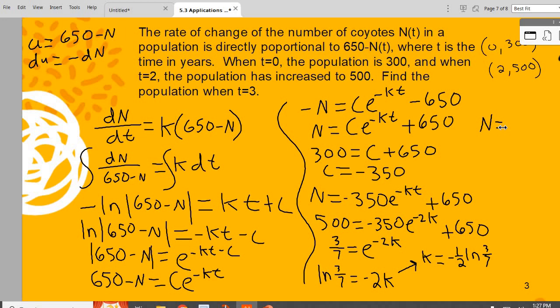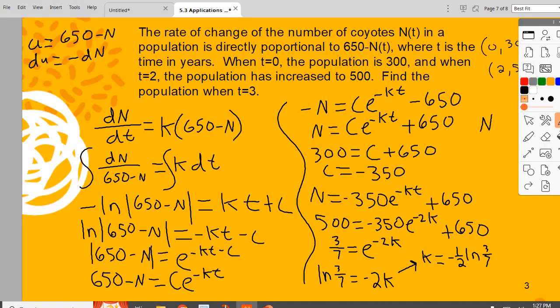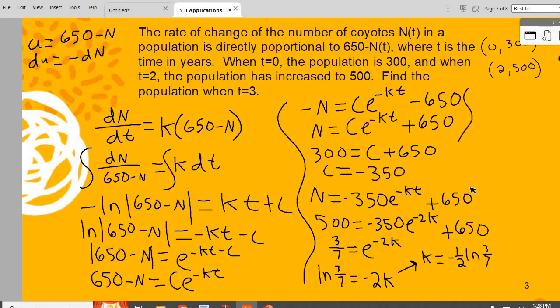So we get n equals, we have our C was negative 350 times e to the, we have a negative, so 1/2 natural log of 3/7 t. Yes, and then we have our plus 650.